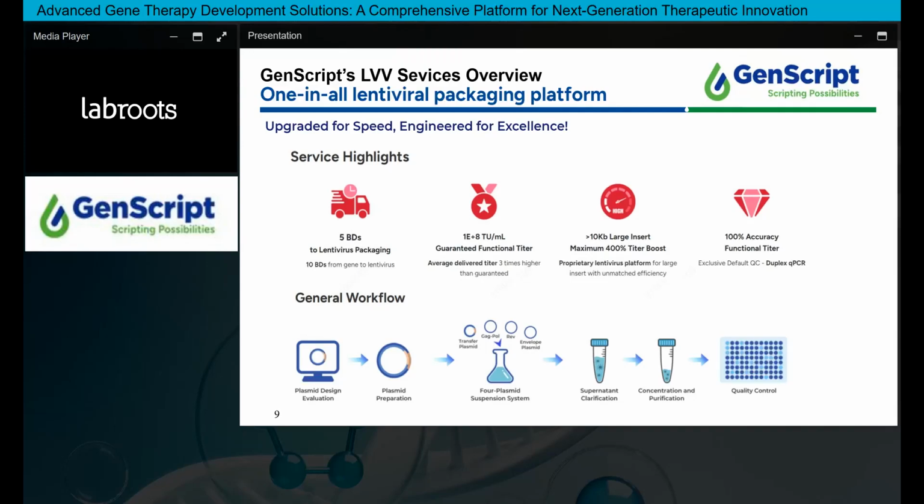This isn't just a claim. It's the result of a deeply optimized, fully integrated system to consistently achieve high titer and quality. We guarantee a first 10 to the power of 8 TU per mL functional titer.